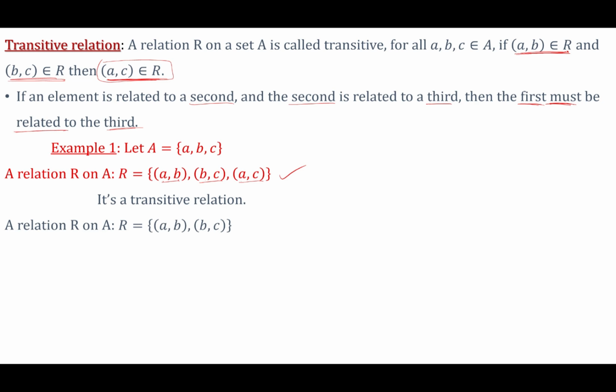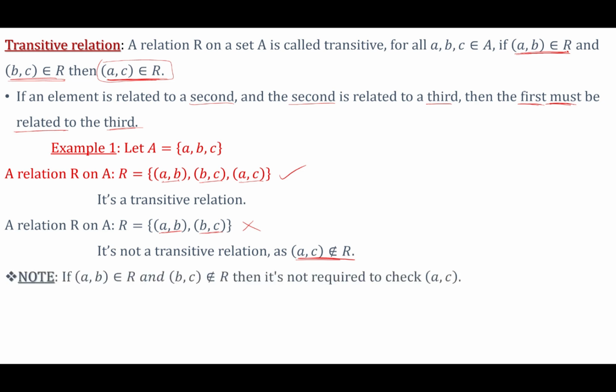Another relation R on A: (a, b) is there, (b, c) is there, but (a, c) is not there. (a, c) is missing. So it is not a transitive relation, as (a, c) does not belong to R.